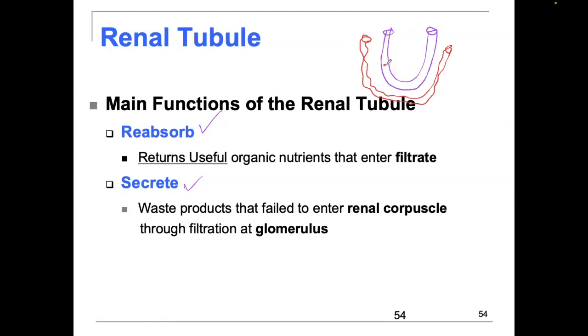We can have stuff that goes from here to here. That's reabsorption, number one. But you can have stuff that goes from the blood vessels into the loop of Henle, into the tubules, and that's number two, secretion. First, it's secreted before it's excreted.